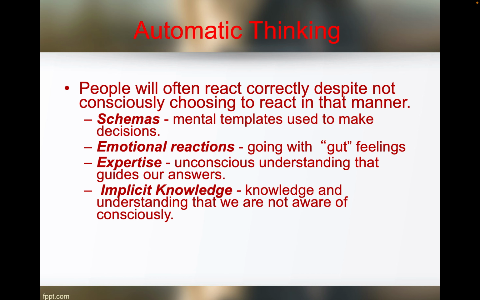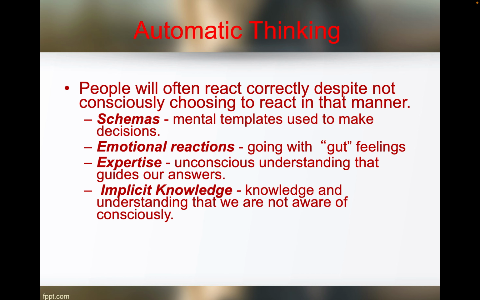People will often react correctly despite not consciously choosing to react in that manner. These are our mental templates used to make decisions called schemas. Also, there's emotional reactions, going with your gut feelings. Some people have expertise.